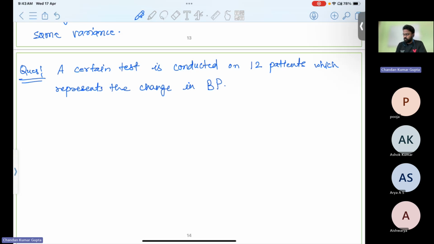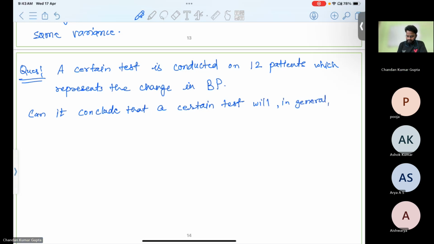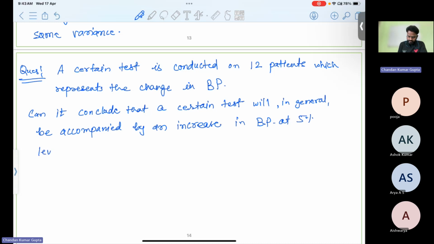And we need to test: can we conclude that a certain test will, in general, be accompanied by an increase in BP at 5% level of significance? So a similar question again.